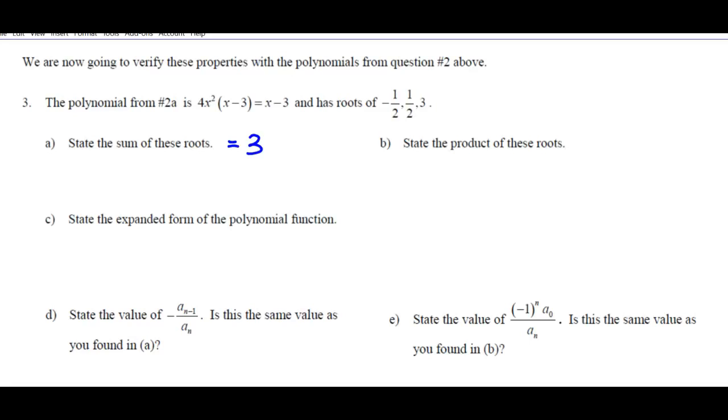You're multiplying them all, it's going to be -3/4. Now, with the method that I used, we didn't expand and get the expanded form of it, so we'll do that now. So the left side is 4x cubed minus 12x squared, bringing everything to the left.